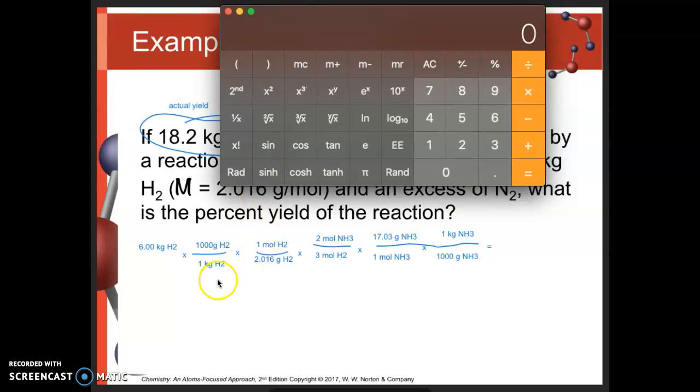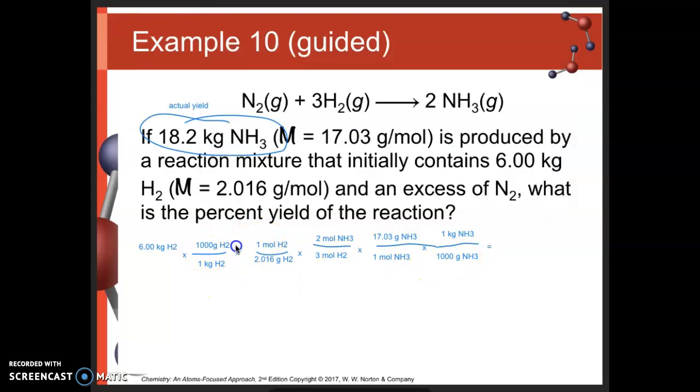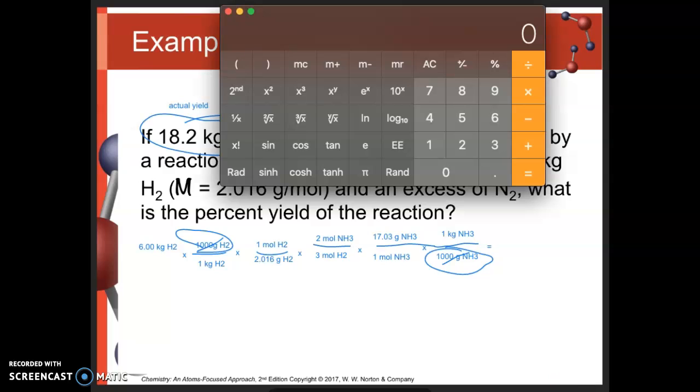Now, one thing that we can notice, we have 1,000 grams in the numerator and 1,000 grams in the denominator. So those effectively can cancel each other out, at least from a numerical standpoint. So I have 6.00 multiplied by 2 multiplied by 17.03 divided by 2.016 and divided by 3.